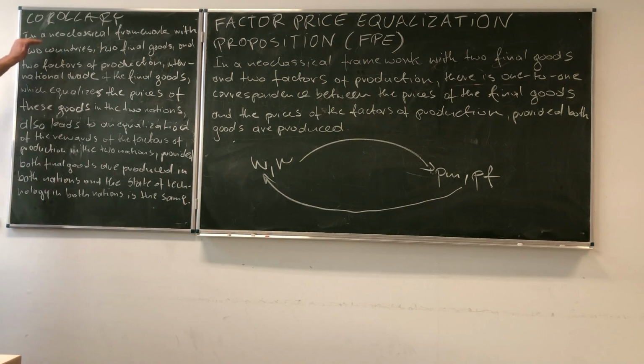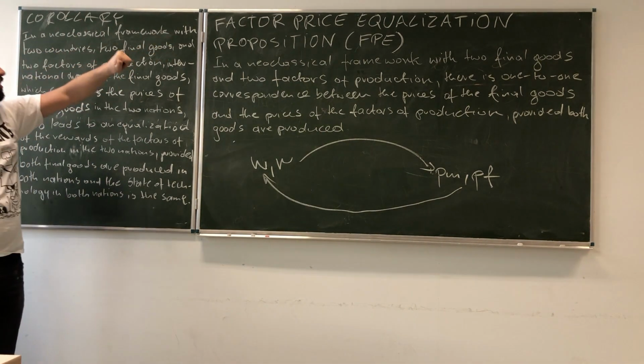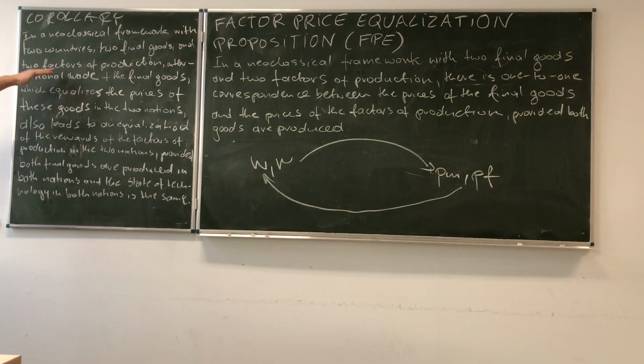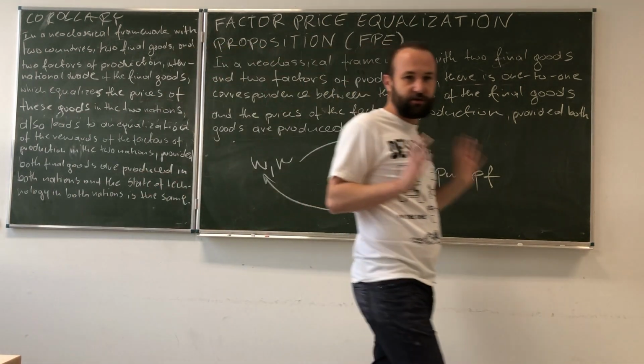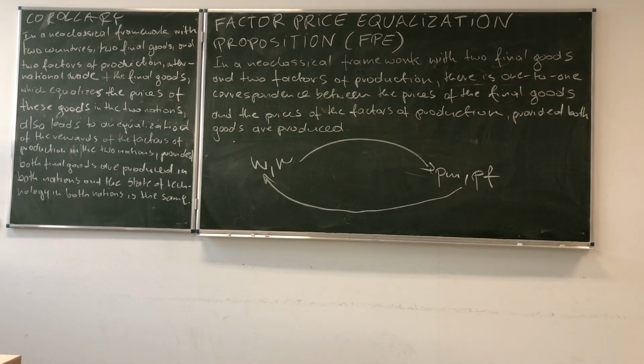So, in a neoclassical framework with two countries, two final goods, and two factors of production, well, now we talk about international trade. We've got two countries.